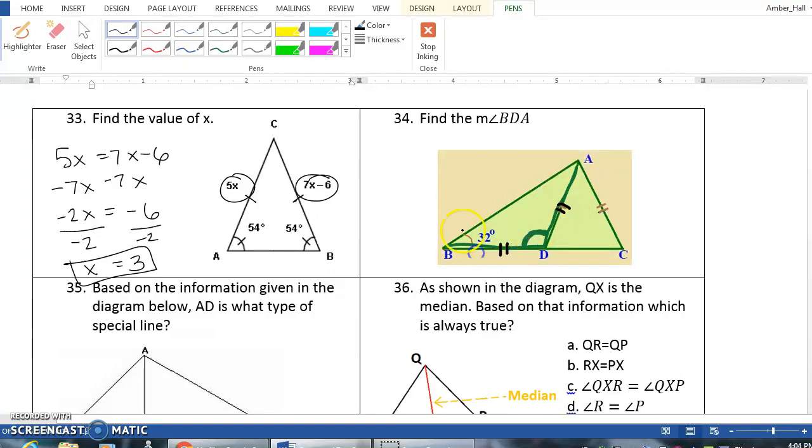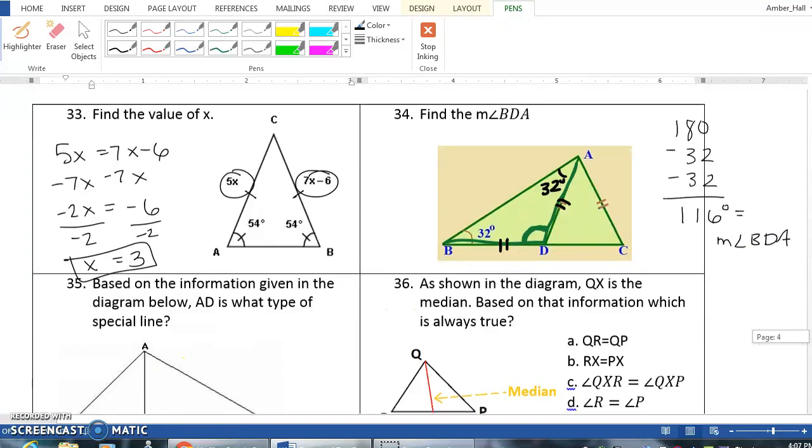Therefore, it's an isosceles triangle, so if this angle is 32, this angle is also 32. Now I have two of my interior angles, and I just take 180 and subtract those from it. So 180 minus 32 minus 32. This is 64. 180 minus 64 is 116 degrees equals the measurement of angle BDA.